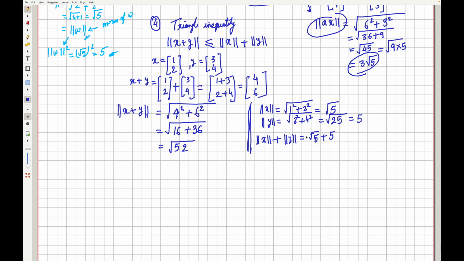And if we try to get the actual values in decimals, let's see what we get.